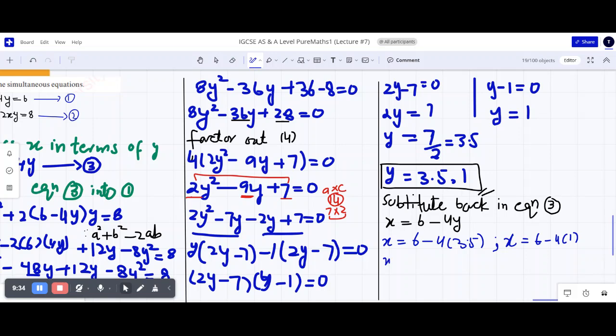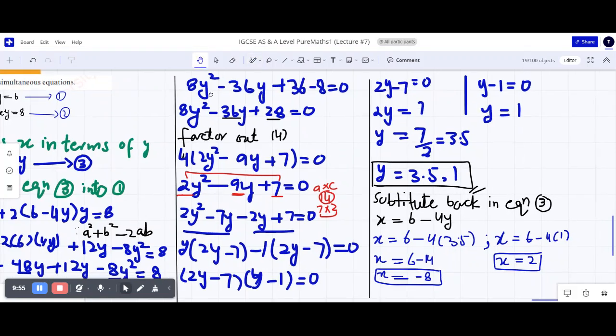So x would be 6 minus 14, which is minus 8, and here x would be 6 minus 4, which is 2. We got the two values of x also.